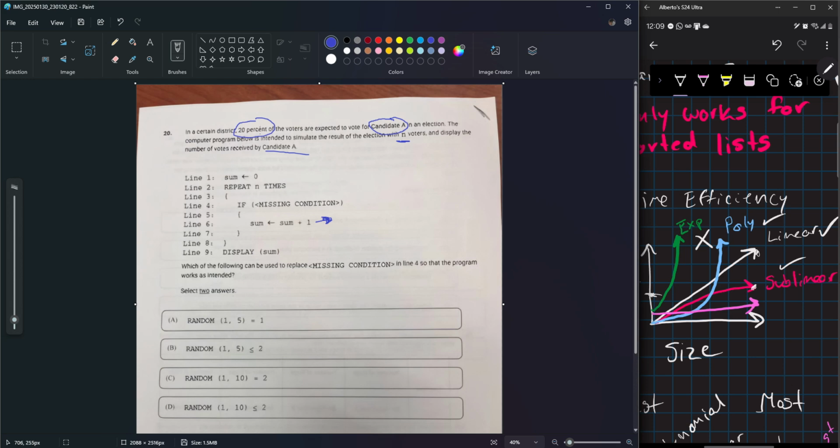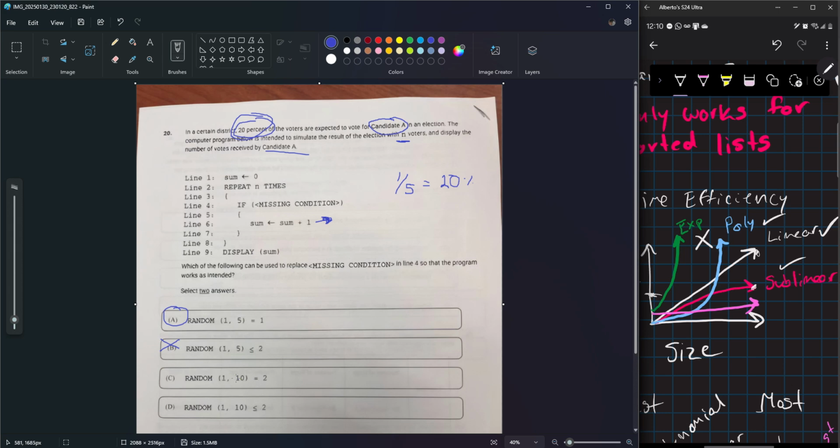And you're looking at 20%. So 20% would be 1 out of 5. This is equal to 20%. That's this one, right? A. That's one of them. This is not 1 out of 5.